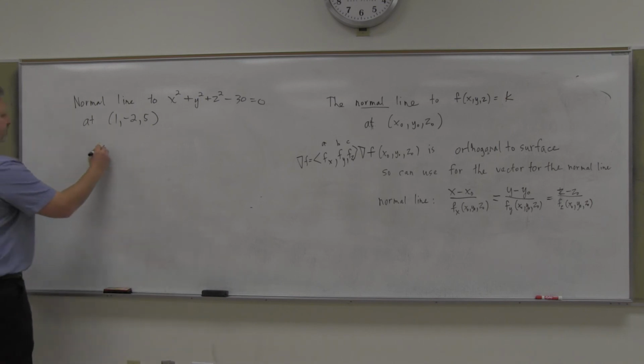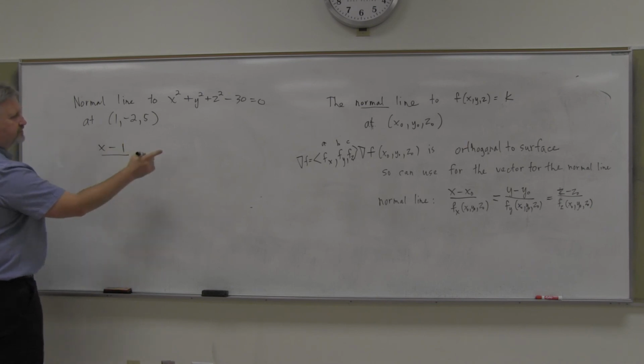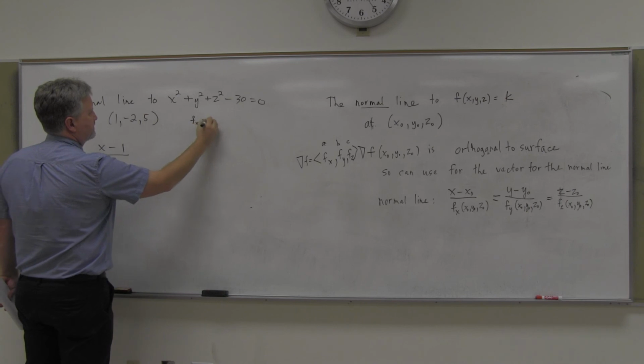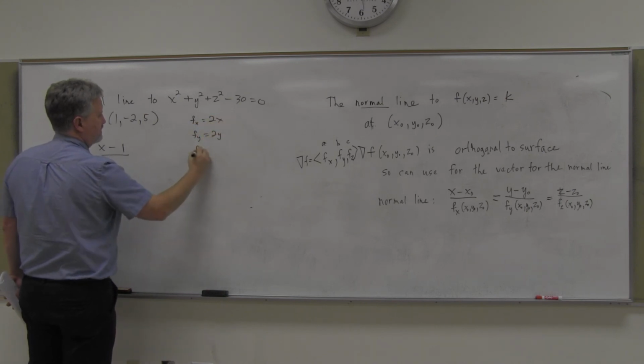Well, it's going to be x minus x0, which is 1, divided by the partial derivative. I erased them, but it was pretty easy anyway: 2x, 2y, 2z.